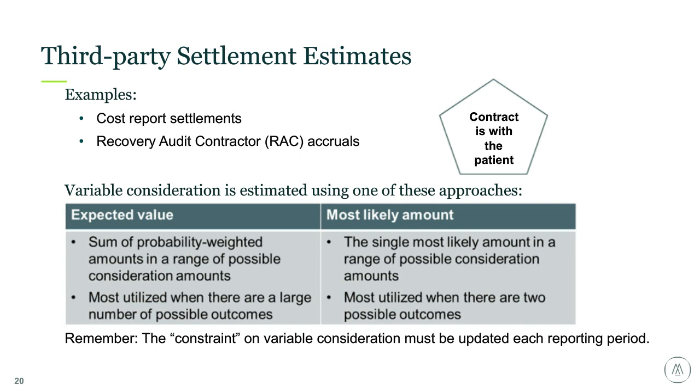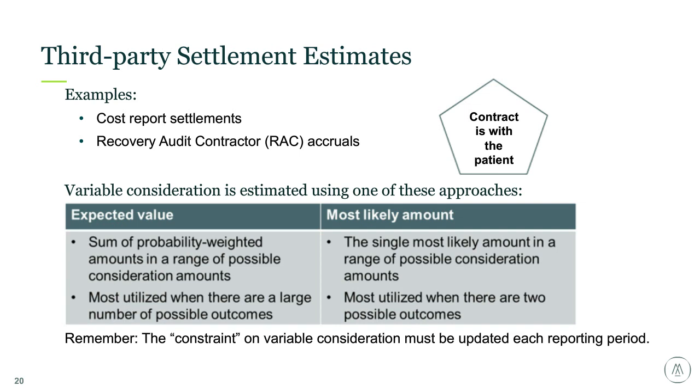The item that we don't mention here, in a bullet point at least, is the concept of significant financing component. I think Kimberly talked about that a little bit earlier. When you think about the timing involved for third-party settlement estimates, I think it naturally brings up the question, do I have a significant financing component related to that variable consideration?